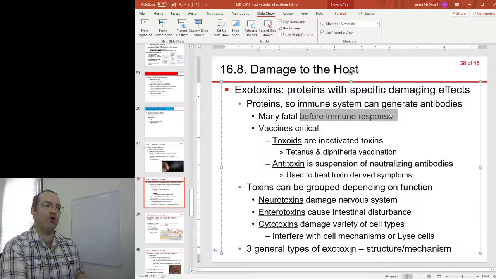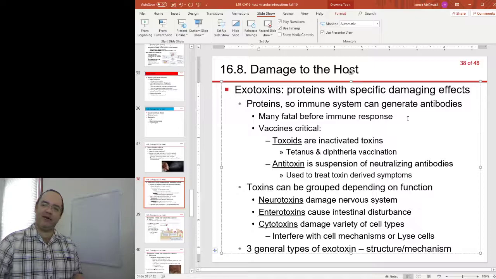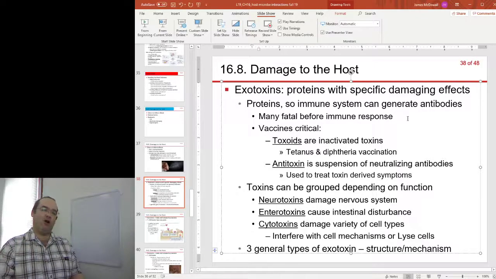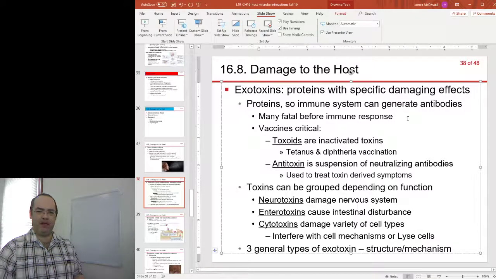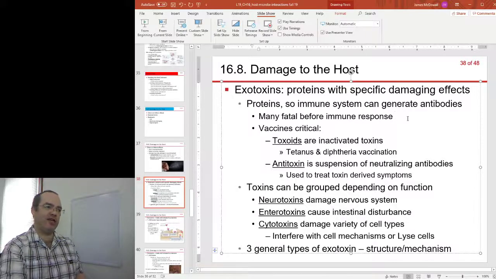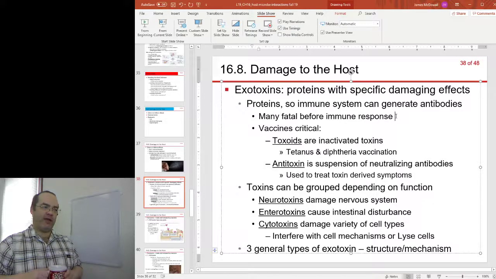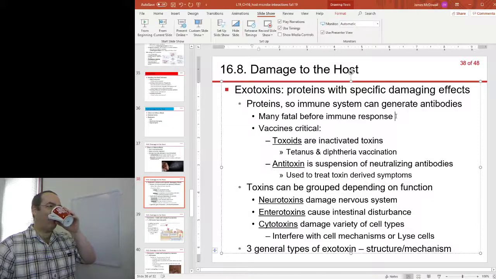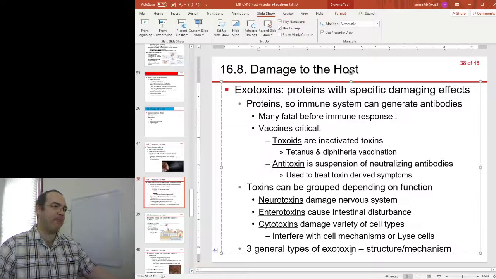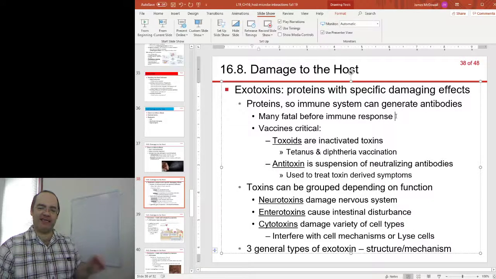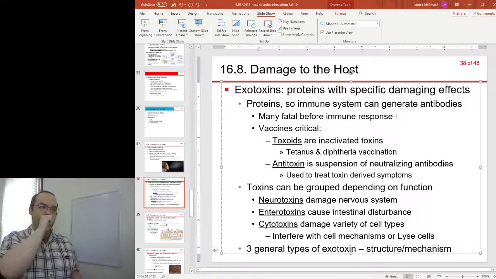If a disease is too quick, because we talked about the idea of the immune response building over weeks, several days up to weeks to generate antibodies. Vaccines, that's how we deal with things that are often so quick they kill us. We'll look at vaccines in more detail later on.